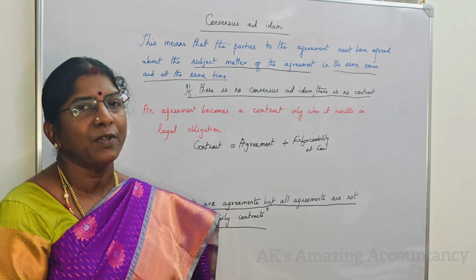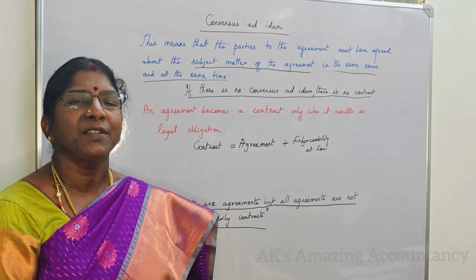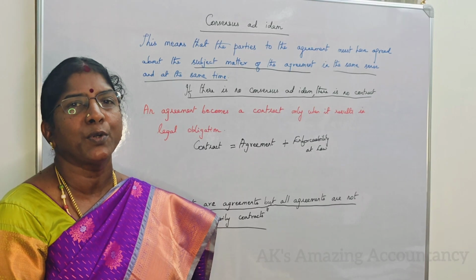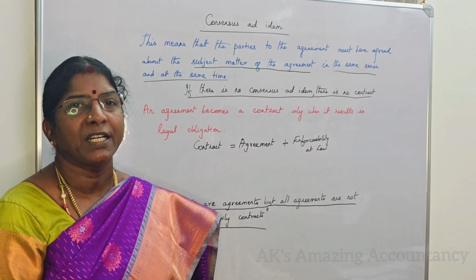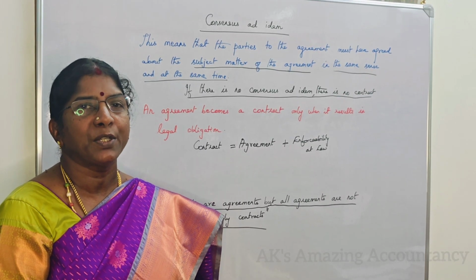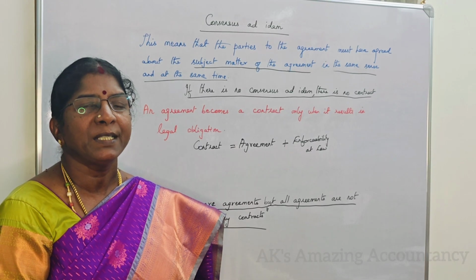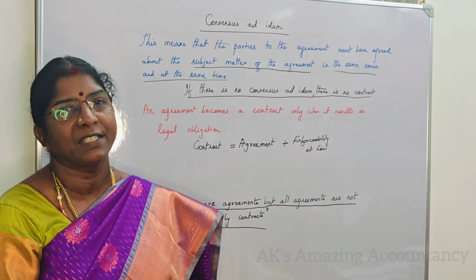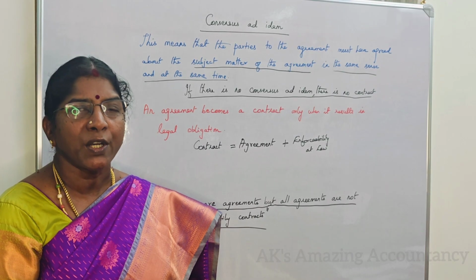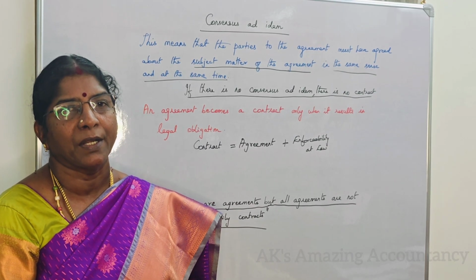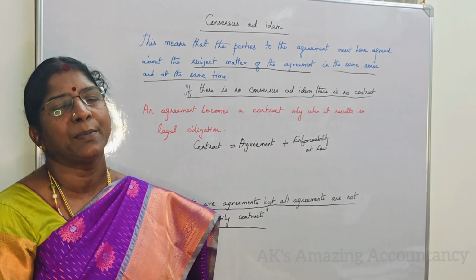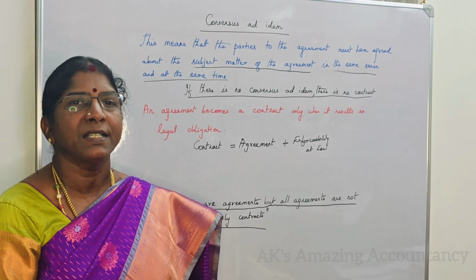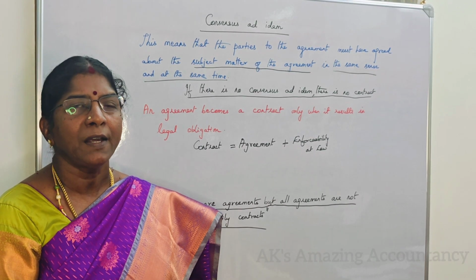Social agreements will never lead to a contract, and in case there is any breach of a social agreement, that is, failure to perform a social obligation, no legal action can be taken. When I gave you the example, I told you, if the person is not attending the birthday party, no legal action can be taken against him because it's only a social obligation, only a social agreement. What is very essential to result in a contract?